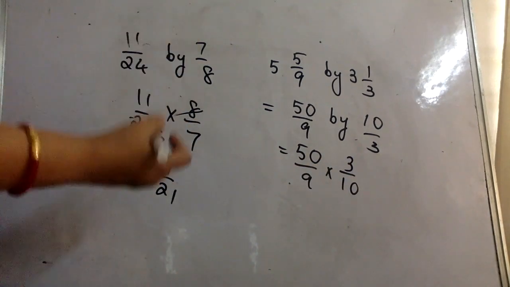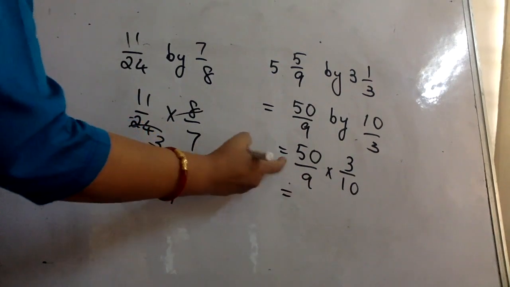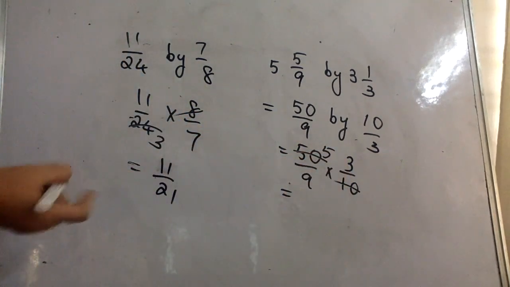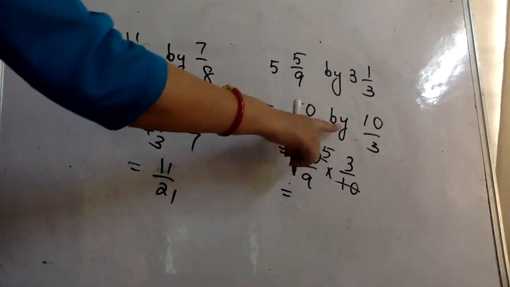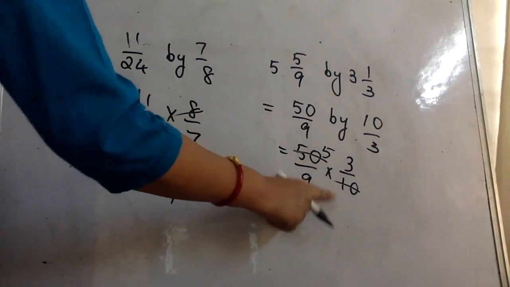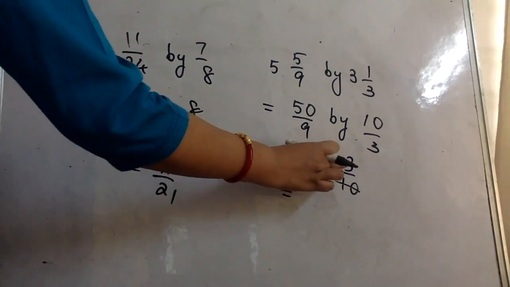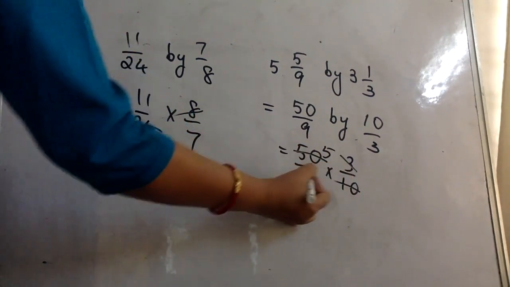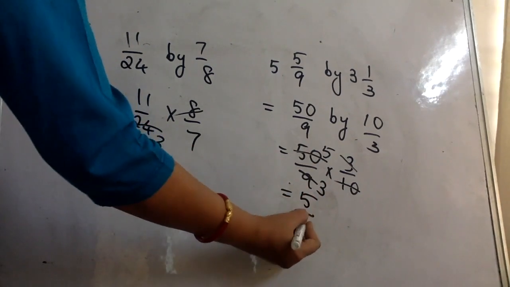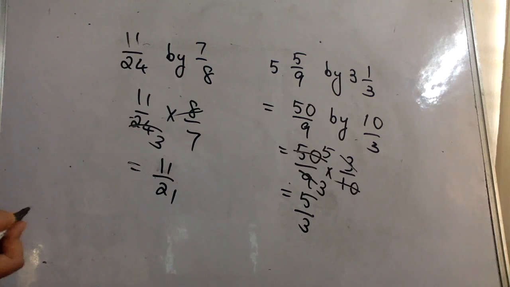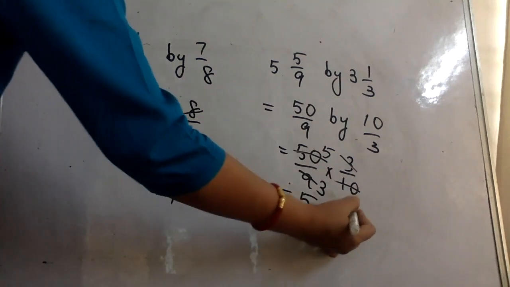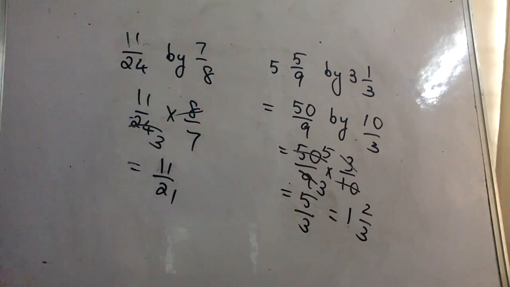I have converted this to into, and in the same step I have done the reciprocal. Then I shall be cancelling 3 with the 9, and then 5 by 3 is my answer, which is 1 2 by 3. That is my answer.